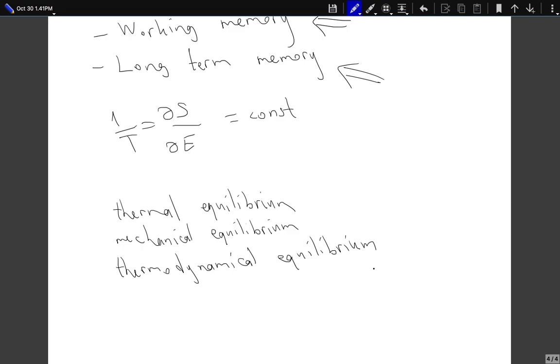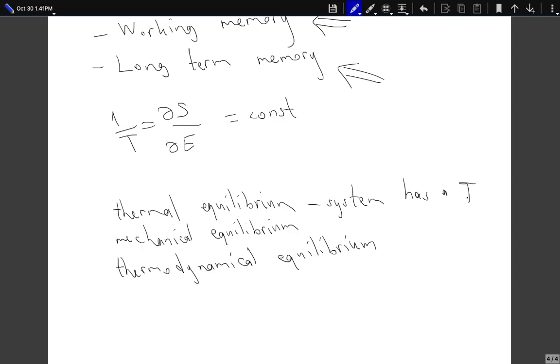Okay, so quite often we have all these different kinds of equilibrium. There's thermal equilibrium, mechanical equilibrium, thermodynamical equilibrium. Thermal equilibrium basically means that I can define a temperature of the system, which basically means that there is no flow of heat in the system.